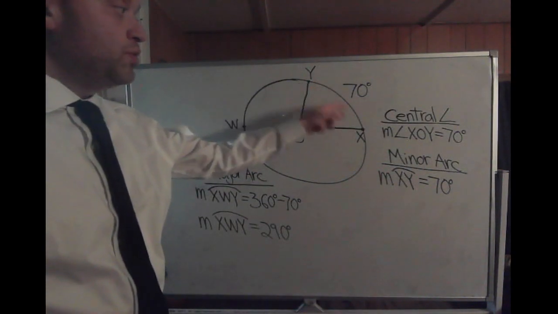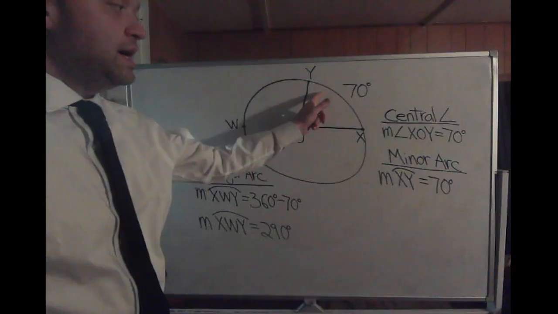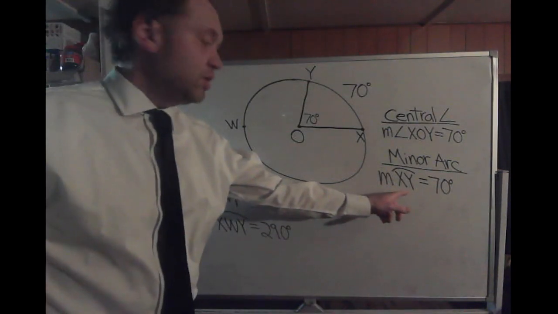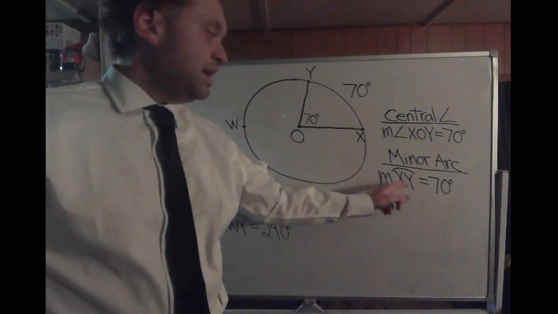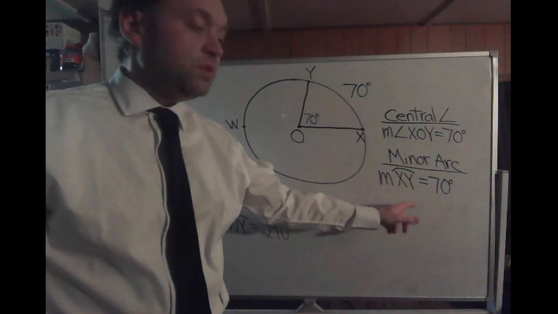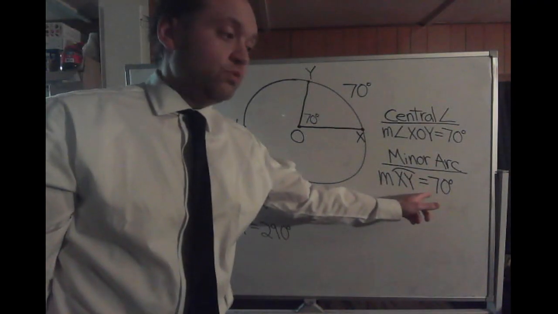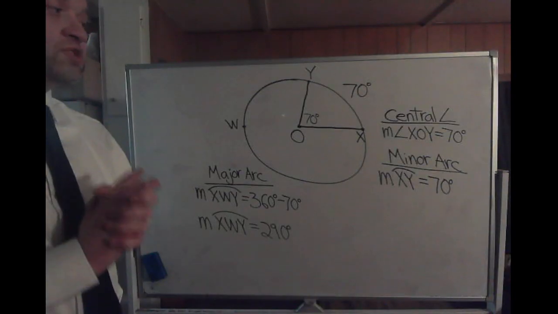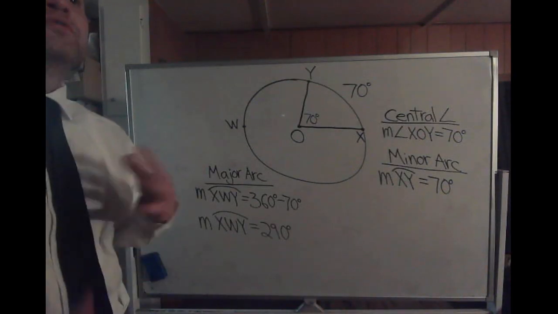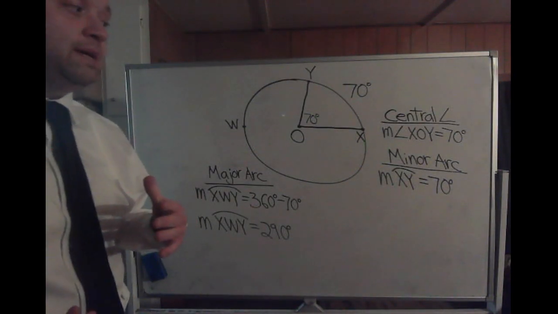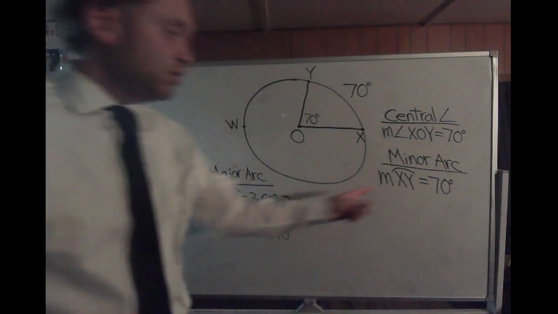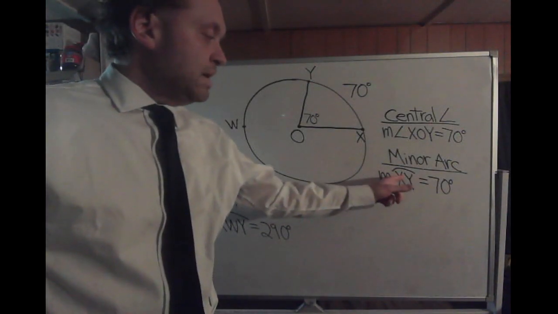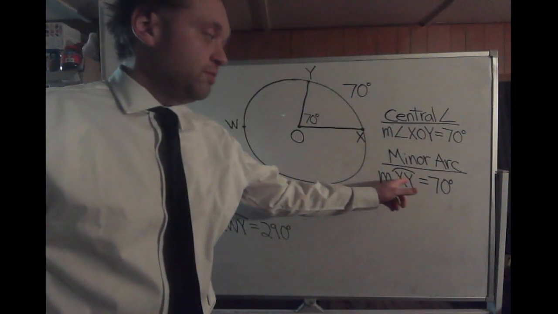It's the two endpoints of the angle here, X and Y. And the measure of the minor arc, abbreviated with m, XY with a curved line above it, is also equal to 70 degrees. So whatever the measure of your central angle is, that's what the measure of your minor arc will also be. And we denote a minor arc by two letters with a curve above it.